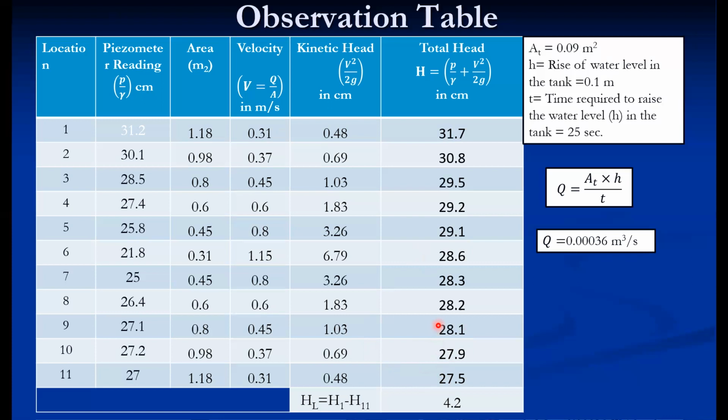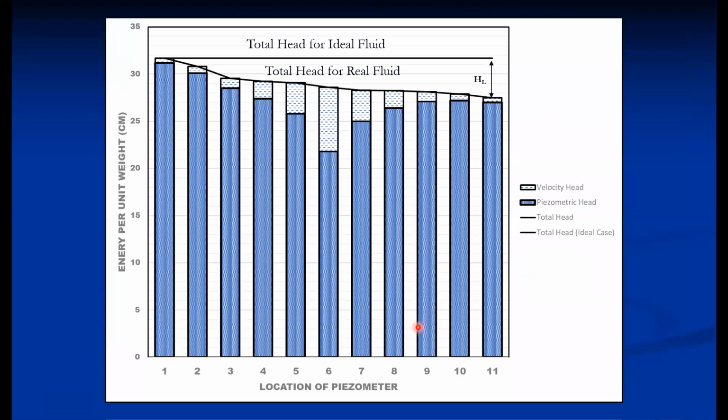This observation we can present graphically also, by taking energy per unit weight, or the various heads in centimeters, against the location of the piezometer, from 1 to 11. We have already observed in the piezometer that as the area decreases, the pressure decreases.